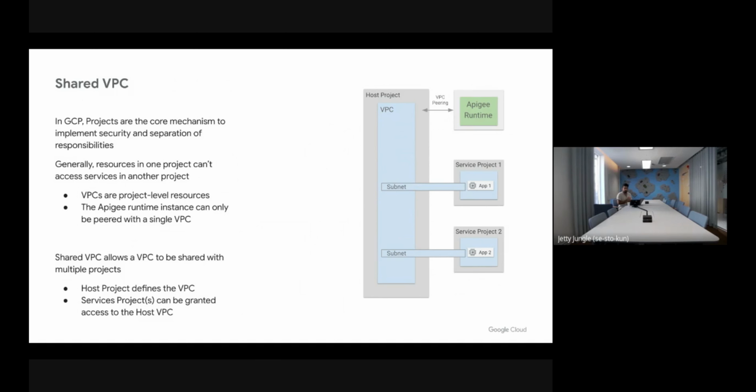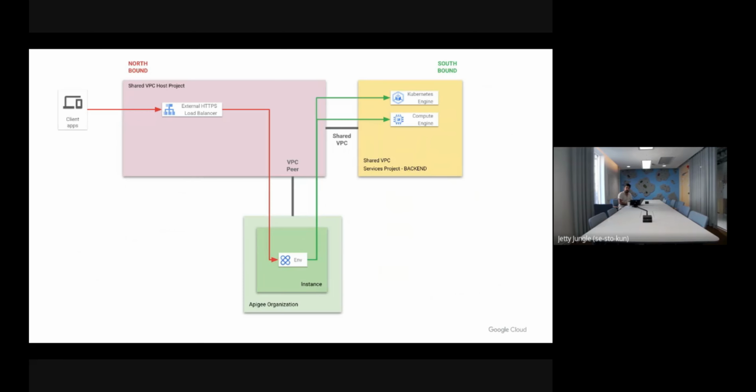So in some cases, you can use a host project to peer your Apigee instance to, and then all the service projects would be able to connect to Apigee, because they would be using the same VPC.